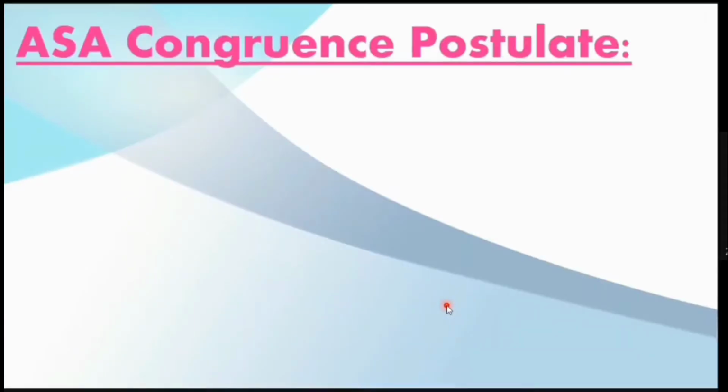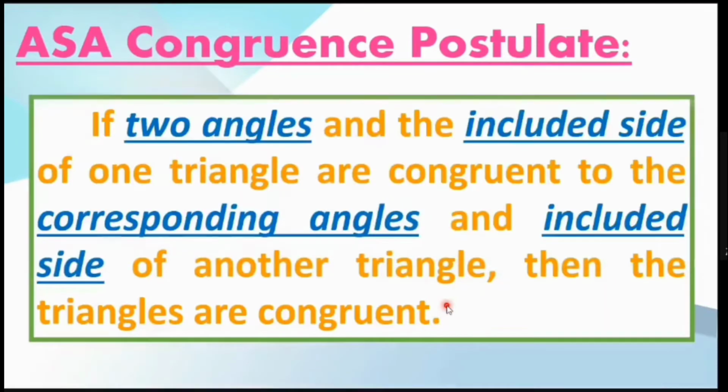ASA congruence postulate. If two angles and the included side of one triangle are congruent to the corresponding angles and included side of another triangle, then the triangles are congruent. So there should be two angles on the first triangle and its included side.